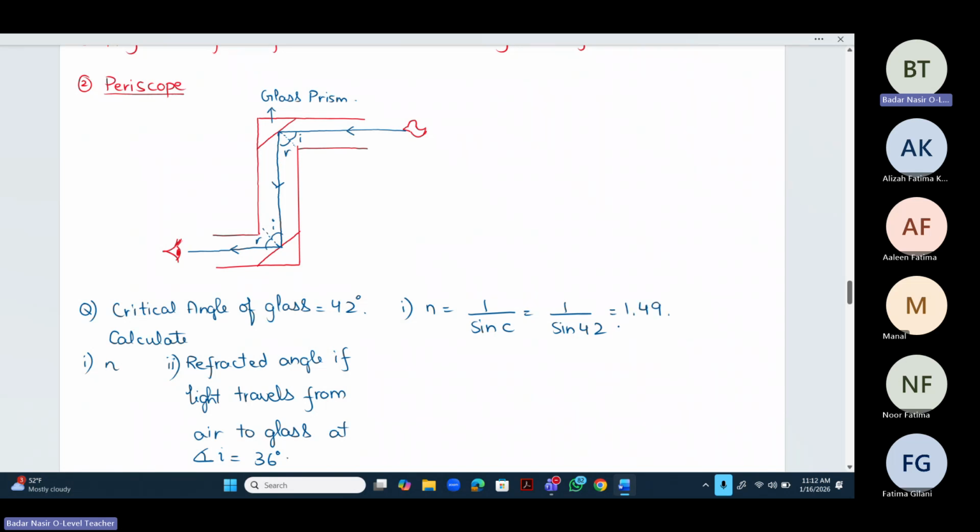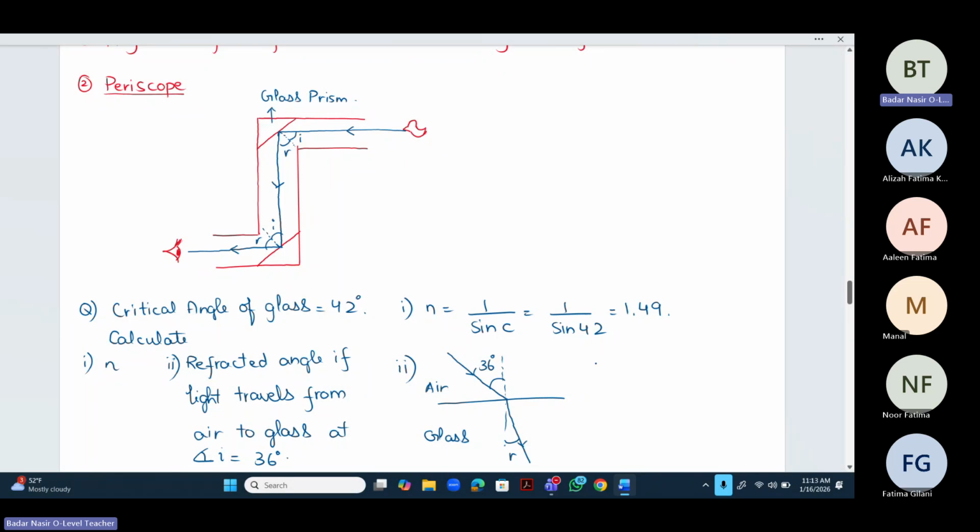So once you have the refractive index, in the next part he says calculate the refracted angle if the light travels from air into the glass at an angle of incidence of 36 degrees. So basically he is saying that a ray of light is travelling from air into glass, and its angle of incidence is 36 degrees. When it travels from air into the glass, it bends towards the normal. So he's asking us to calculate its refracted angle.